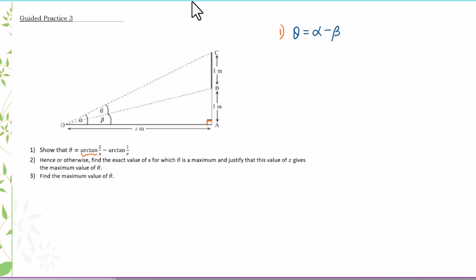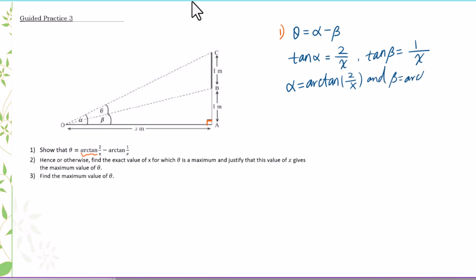For this triangle OAC, tangent alpha equals 2 over x, and tangent beta equals 1 over x. So alpha equals arctangent 2 over x, and beta equals arctangent 1 over x.